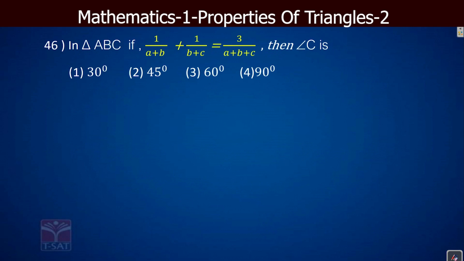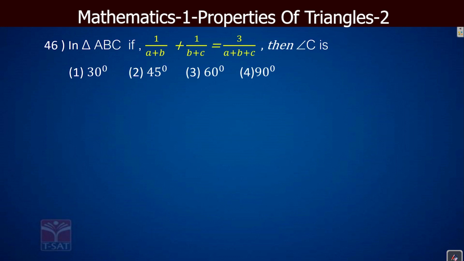46. In triangle ABC, 1 by (A plus C) plus 1 by (B plus C) equal to 3 by (A plus B plus C). Then angle C is: 1) 30 degrees, 2) 45 degrees, 3) 60 degrees, 4) 90 degrees. This is of course EAPCET 2013. I think this problem is repeated.